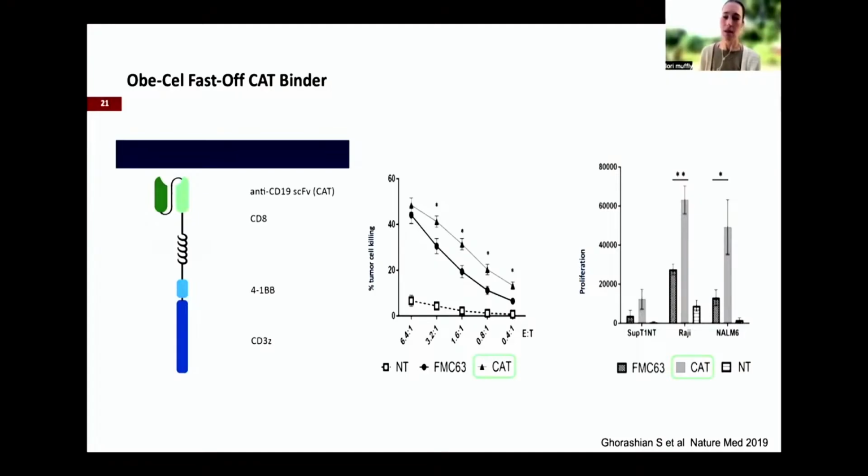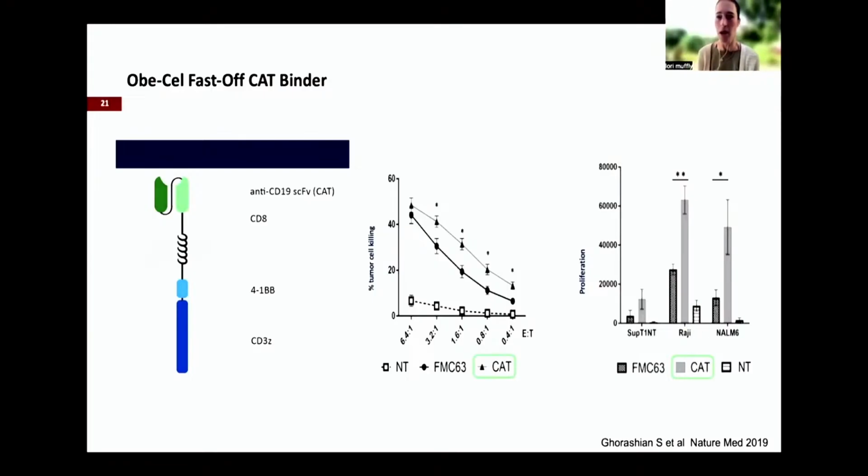You can see here, this CAT binder is really a fast off binder. That's really the purpose of it, because we know that when CARs are tonically active and signaling, that increases the exhaustion rates. And in ALL, we believe to some extent that CAR persistence is important.